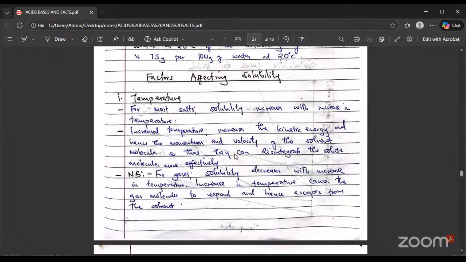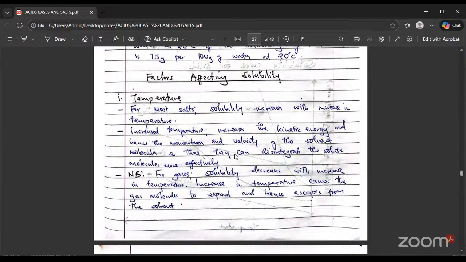When I'm using a Bunsen burner on this side and a cold one on this side, and I'm adding some solids, you will see without even stirring, which is also one of the factors. So temperature: solubility increases with increase in temperature. They are directly related; as you increase the temperature, the solubility also increases. The explanation involves kinetic energy, that is the movement of particles.